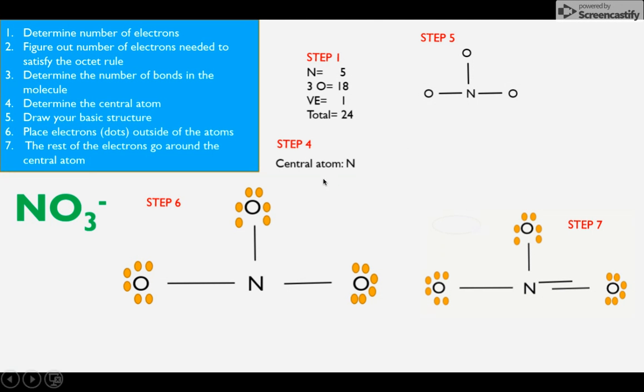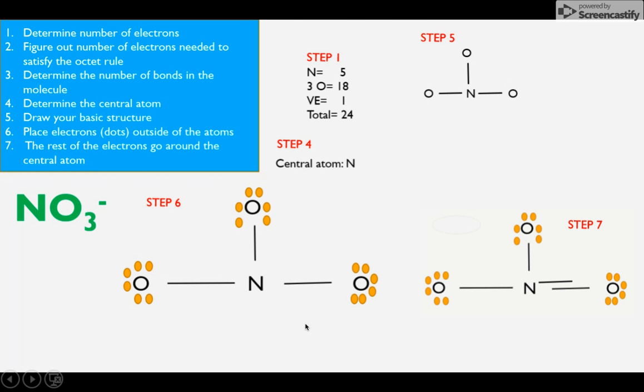But you have to satisfy the octet rule on all of them. So this is satisfied because 2, 4, 6, 8. 2, 4, 6, 8. 2, 4, 6, 8.